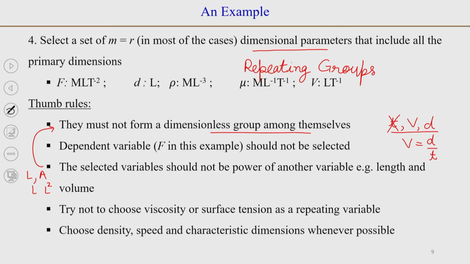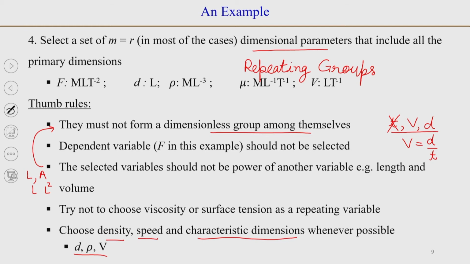The other very useful rule is that if we have density, speed and characteristic dimension, whenever these parameters are there, then we should choose these parameters as repeating groups. Okay. So, D, rho and V in this problem are the repeating groups that we choose.